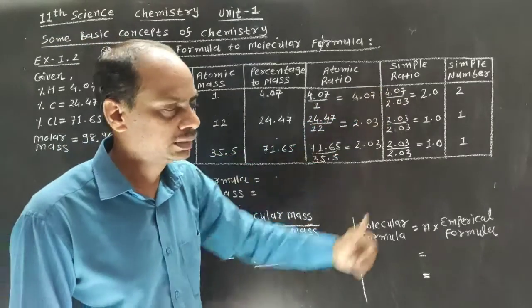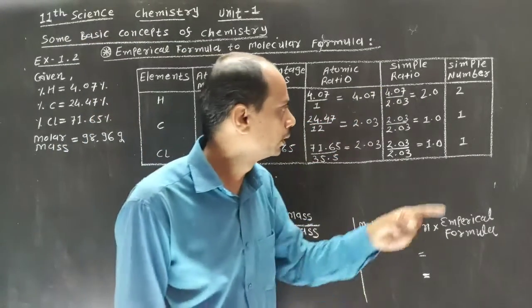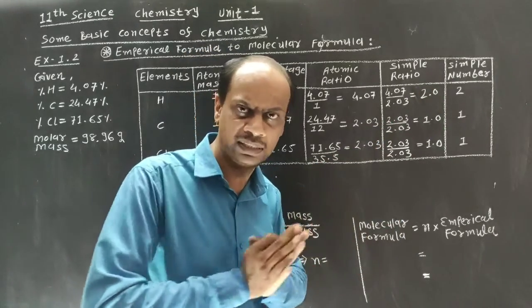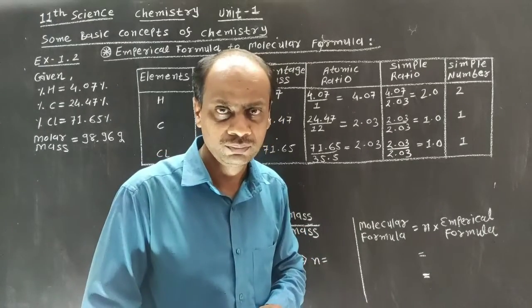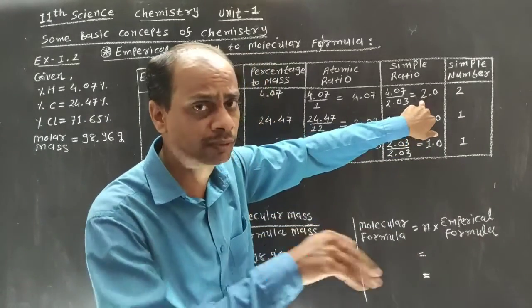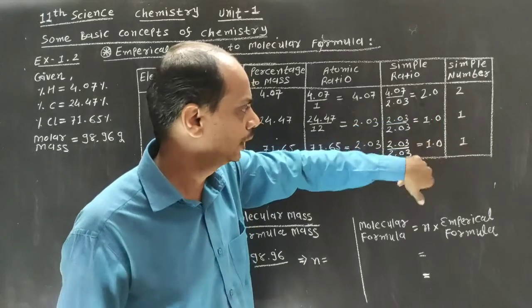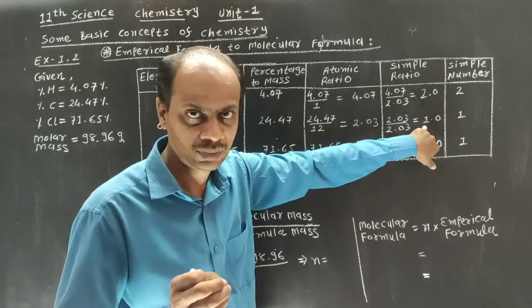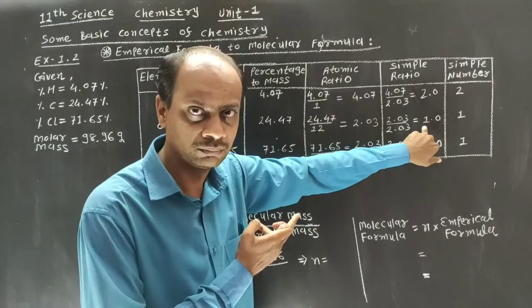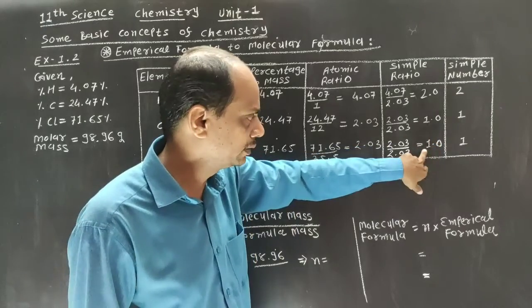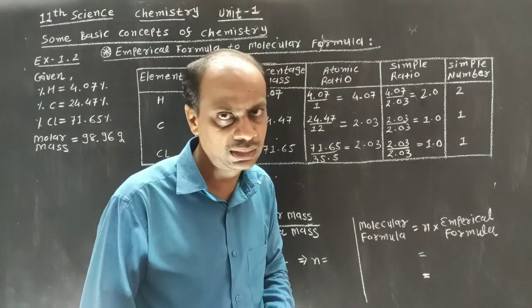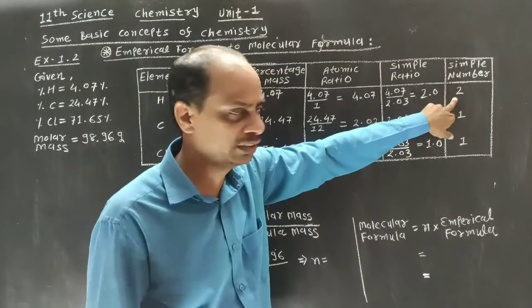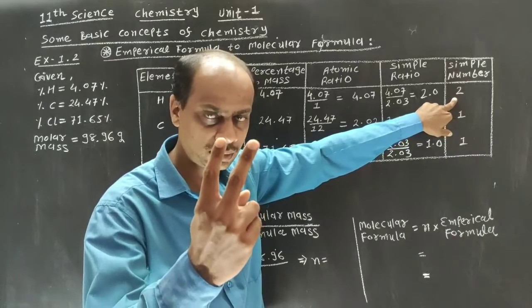And the last column, simple number. What is simple number? If someone obtains an answer like 1.99 or 1.98, etc., then this is converted into a simple number, which means the nearest whole number, 2.